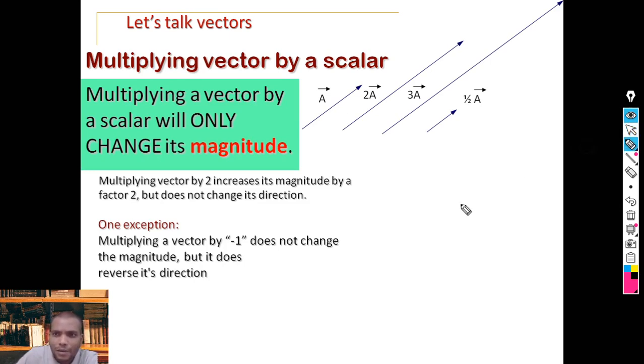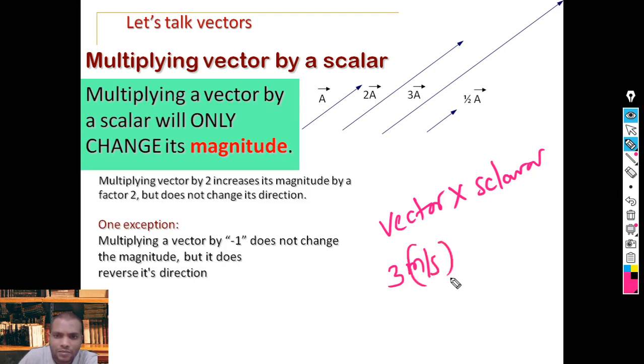So it means we can multiply a vector with a scalar, a number. Suppose 3 meter per second is a vector; velocity is a vector. If you multiply that with a scalar of 2, the total value will become 6 meter per second.